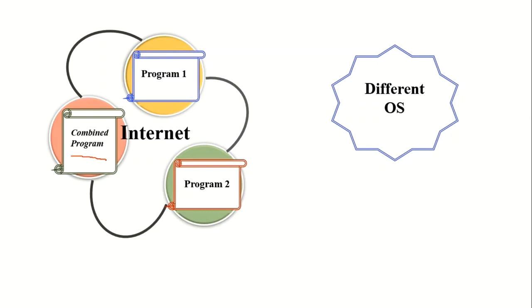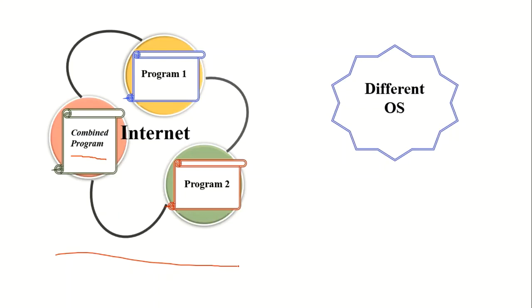That is, a single application whose modules are running on different machines and together they work as a single application is known as a distributed application. It is only possible via the internet. See this diagram?